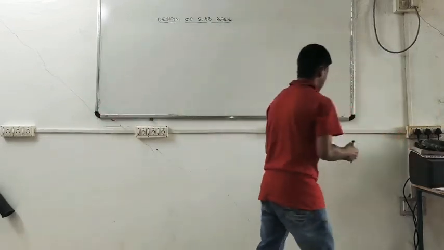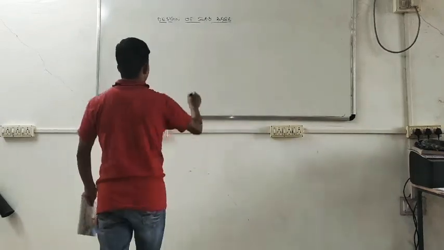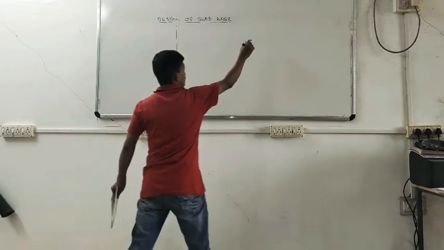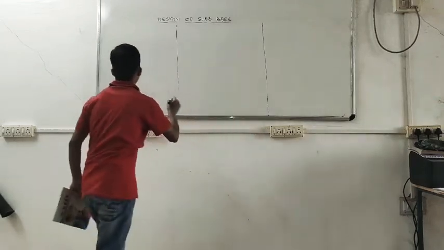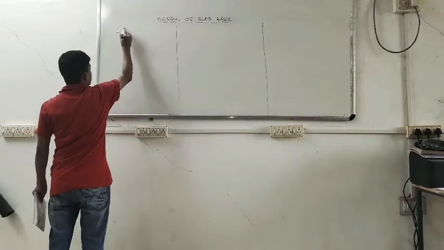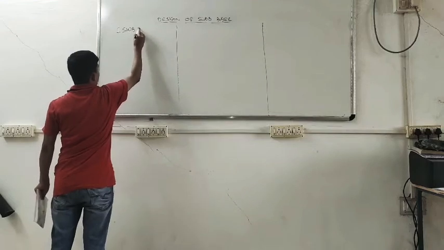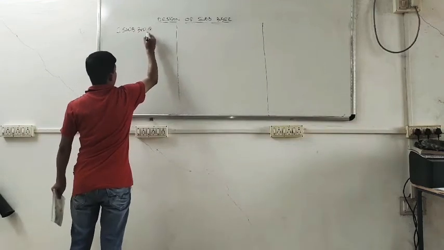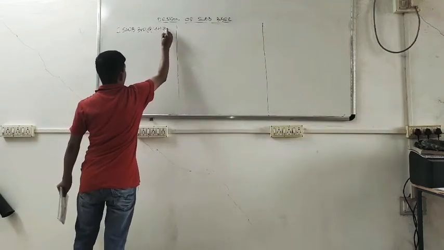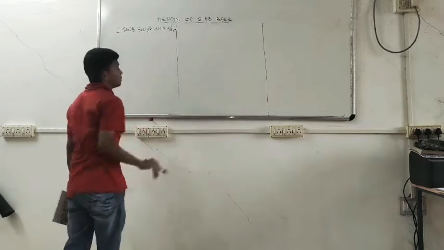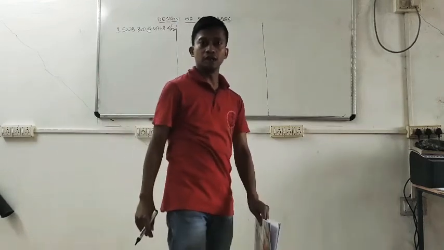Okay, so here the column section given is ISWB 300 at the rate 471.8 Newton per meter. This is the column section.